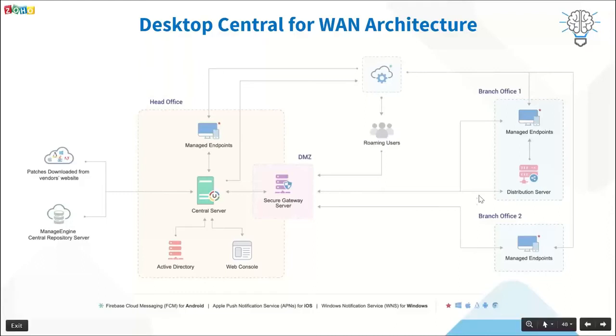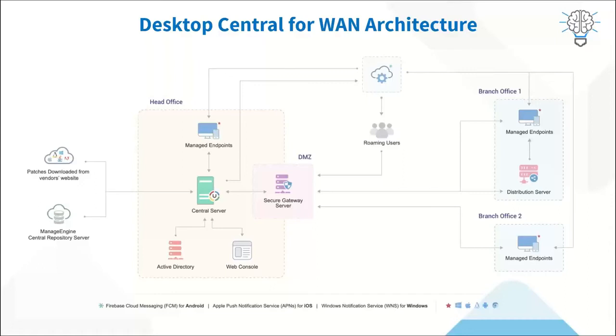Now, when you have multiple remote offices, say in our case, John and his remote offices in Chennai, London, and Bogota, with more than 100 devices, when it comes to replicating application packages for all these individual devices, say a package size is going to be more than 1 GB, then it will consume a lot of bandwidth. In which case, you can choose to opt for an additional component called the distribution server.